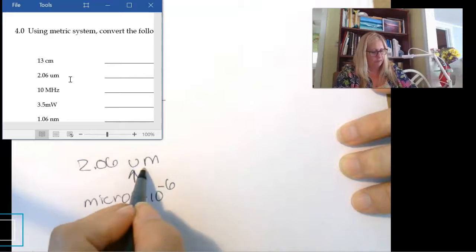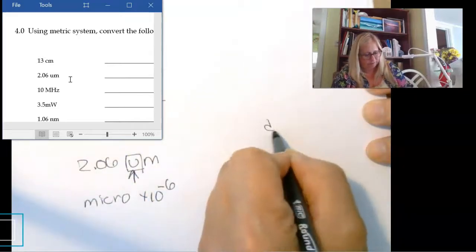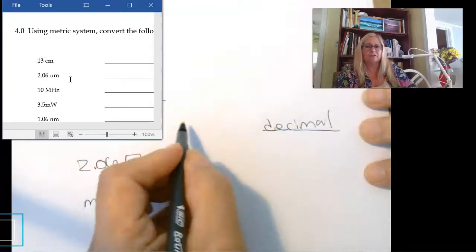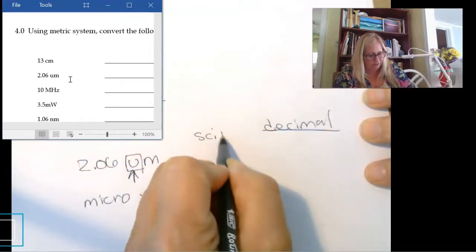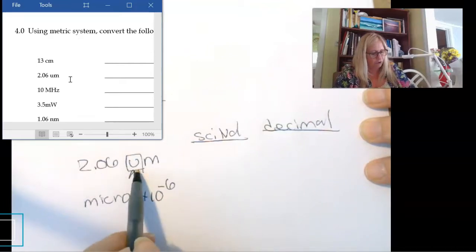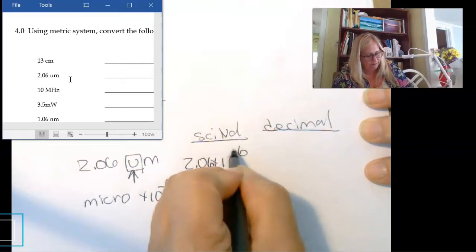So all you do is you take this. If I want to go to decimal, you actually have a 2-step process. I would look at putting it into your calculator in scientific notation. So this u gets replaced with a times 10, and it's -6.